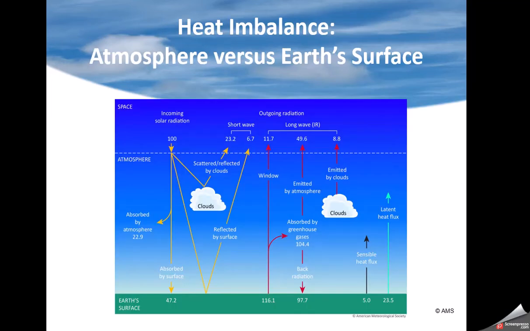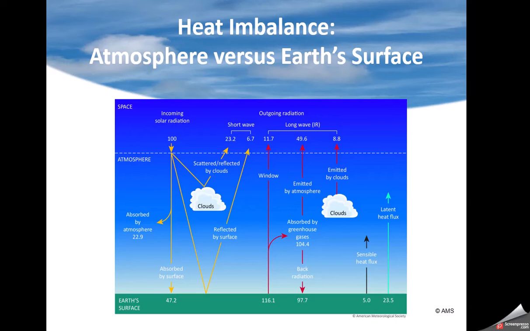Here you can see the radiation that comes into the earth. We talked about this last time, that this is complicated. 47% of the radiation from the sun is absorbed by the earth's surface. However, a bunch of it is re-emitted back out from clouds, scattering it.